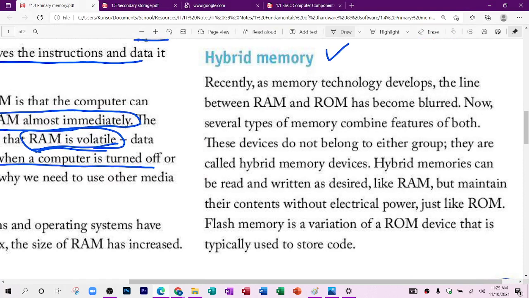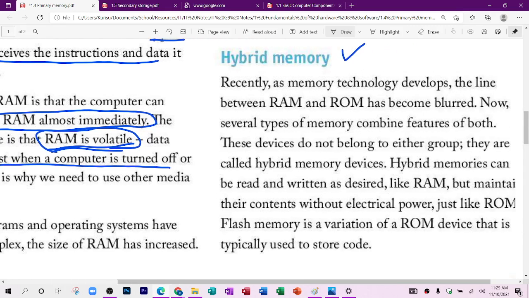Yes, sir. Hybrid memory. Recently, as memory technology develops, the line between RAM and ROM has become blurred. Now, several types of memory combine features of both. These devices do not belong to either group.